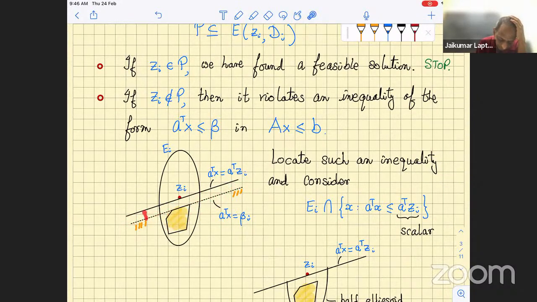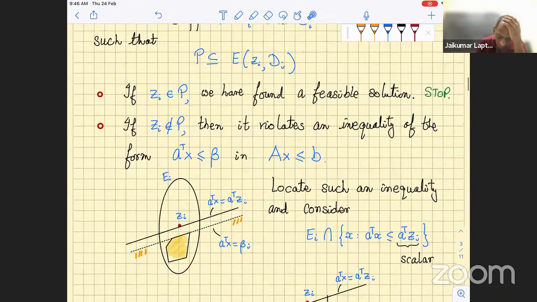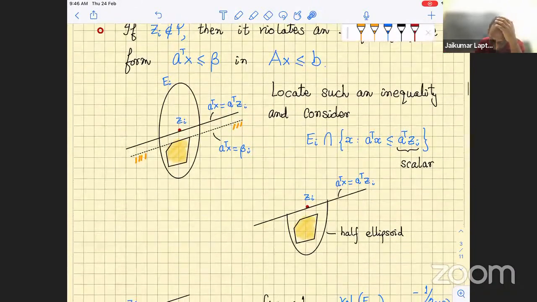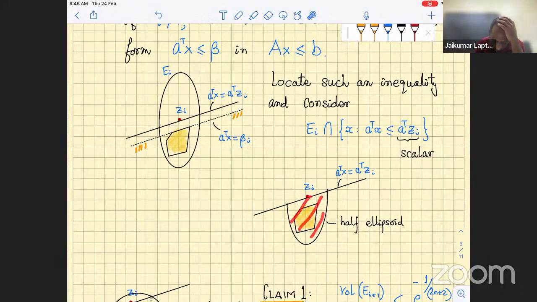We translate that hyperplane to this center and say that we are now in this space. We now enclose the bottom part here in another ellipse, perhaps something like this. That is our next ellipse.